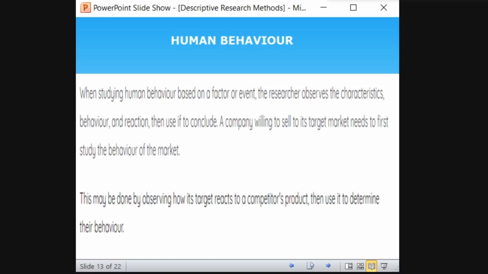Then only can it invest and get proper benefit out of it. If the study of the behavior of the market is not done, you will not get an effective output. So this may be done by observing how the target reacts to a competitor's product, right?